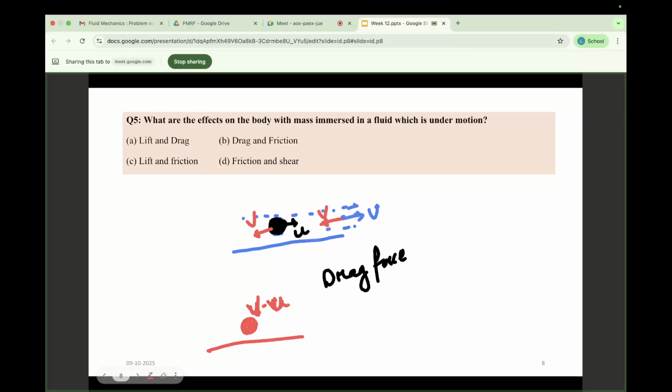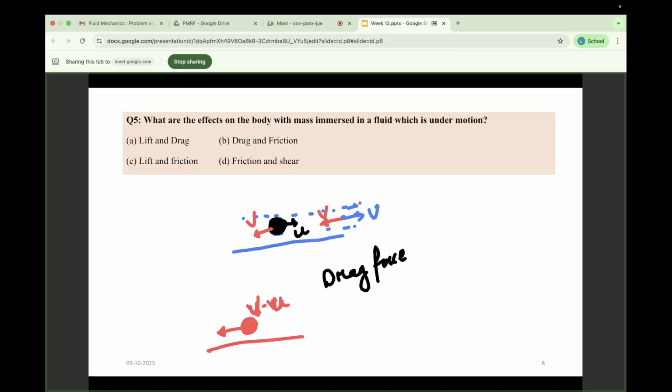Okay. So what will be the direction? That means if the fluid is kept stationary, it will appear that the ball is moving in that direction, the relative velocity, right? We can also assume the same thing: this v is much more compared to u.